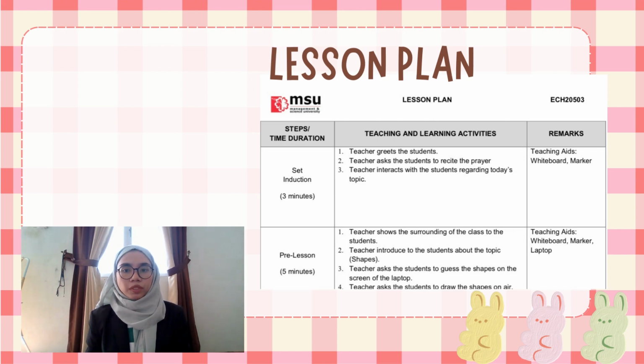For the learning objective, by the end of the lesson, pupils should be able to identify shapes correctly and individually, and differentiate shapes between rectangle and square correctly. For the teaching aids, I use A4 papers, pencils, laptop, whiteboard, and marker.